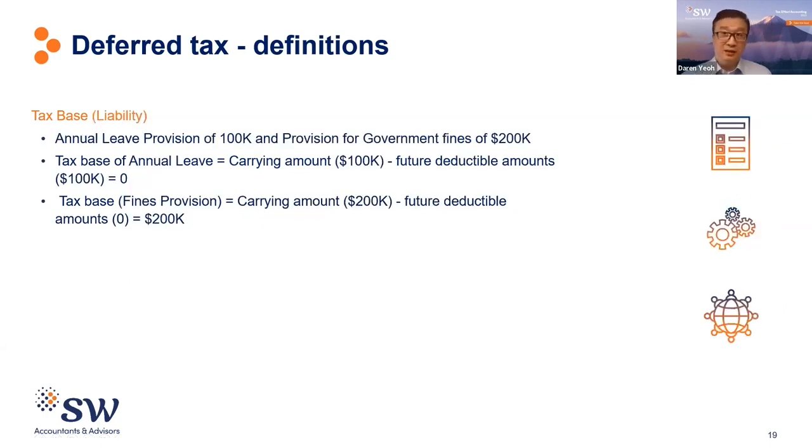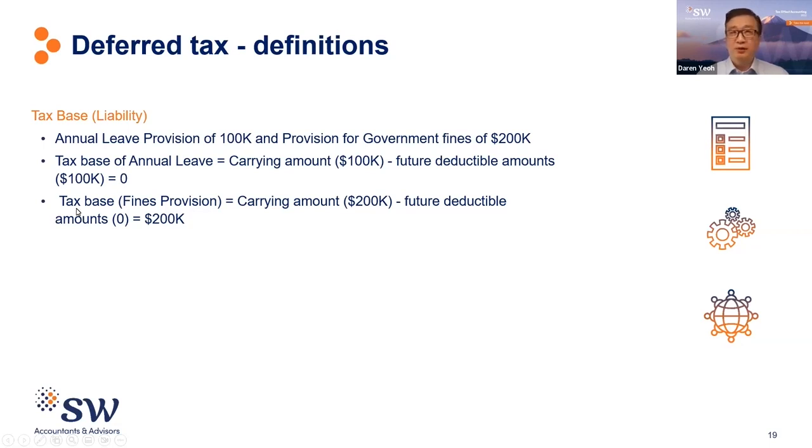So let's look at a simple example in relation to two liabilities. One is a provision for annual leave of 100,000, and the other is a provision for environmental fine of 200,000. So the annual leave provision, like I say, you start with the carrying amount, and then you subtract the future deduction that you're going to get when you pay out that liability. So you get a deduction for 100,000 as well. So the tax base is 0.